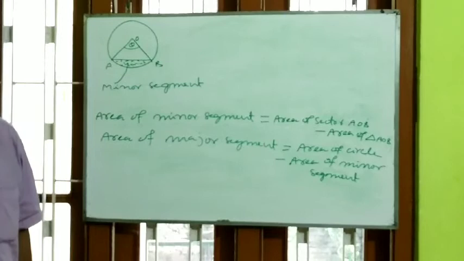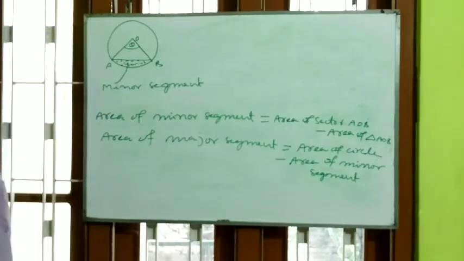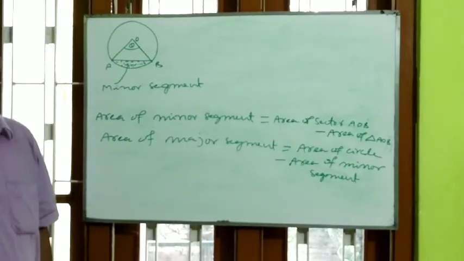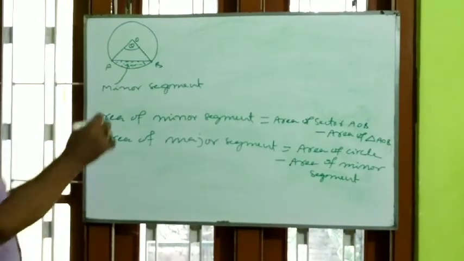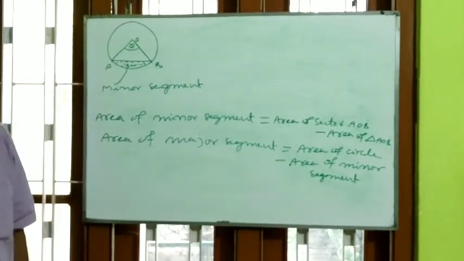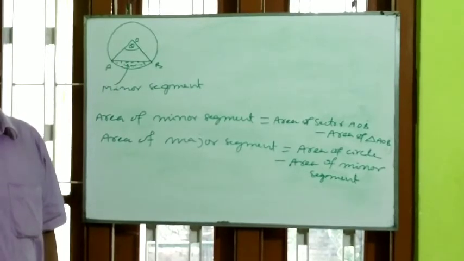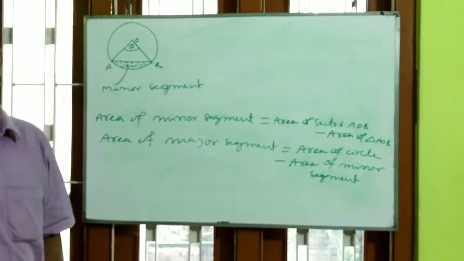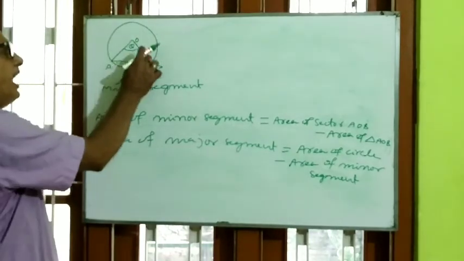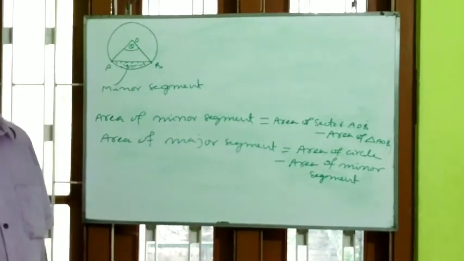Always it happens so. Now dear friends, one problem you have to face. If theta is 30 degree or 90 degree, then to find out the area of this triangle, it is easy.